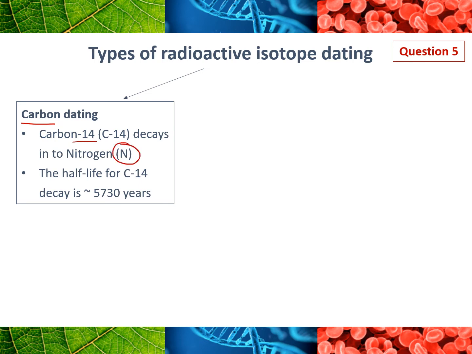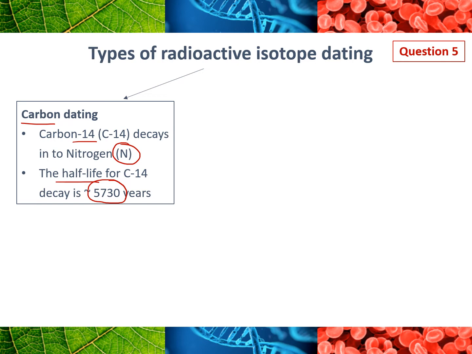It decays into nitrogen. The half-life for this particular type of decay is around 5,730 years. You don't need to know that exact number. You should know it's between 5 and 6,000 years.